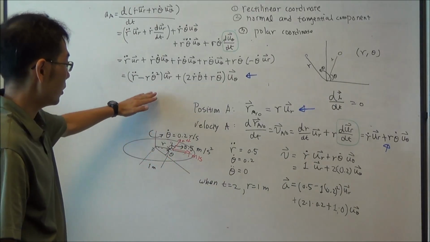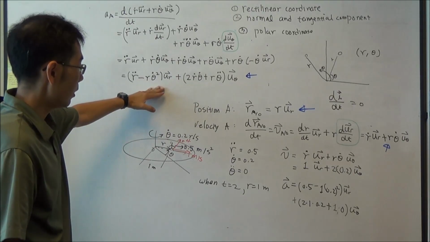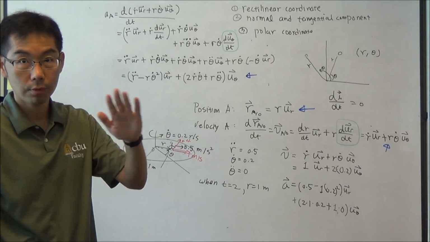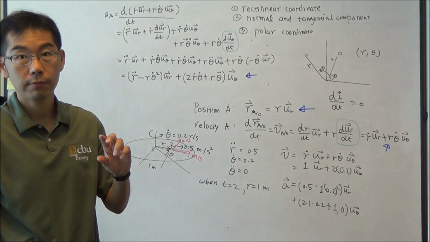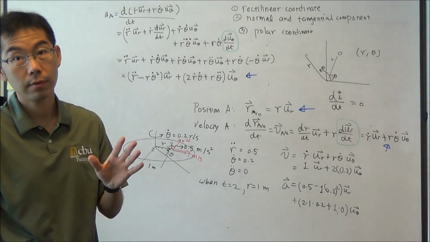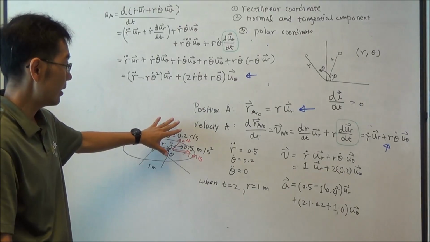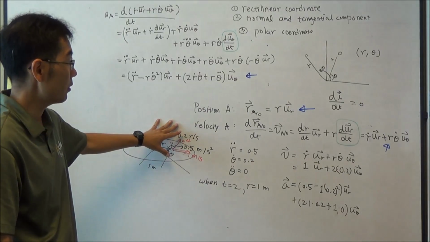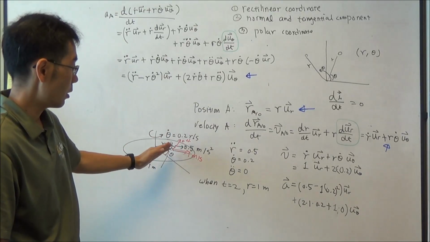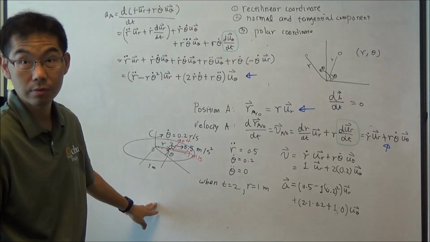So this one looks complicated, but in many cases, especially when the motion has rotational motions, and if the angular velocity and angular acceleration are given in your problem set, then it's more convenient to use the polar coordinate system and represent your velocity and acceleration along the radial direction and transverse direction.